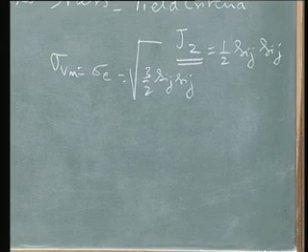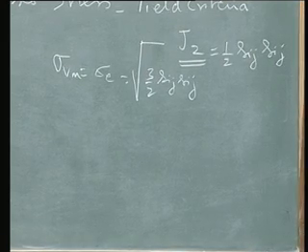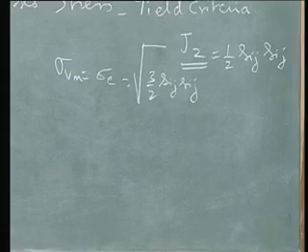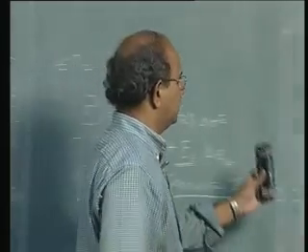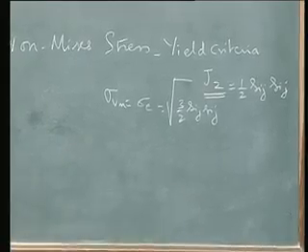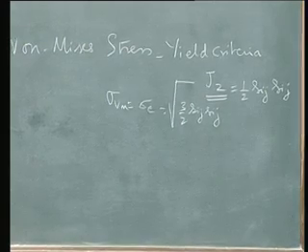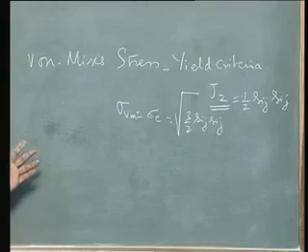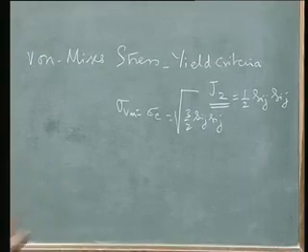We will come back to the other yield criteria later in the course, but we will say that we have accepted and we have understood Mises yield criteria, and see what are the other things that are required in order that we can model elastoplasticity in more than one dimension.